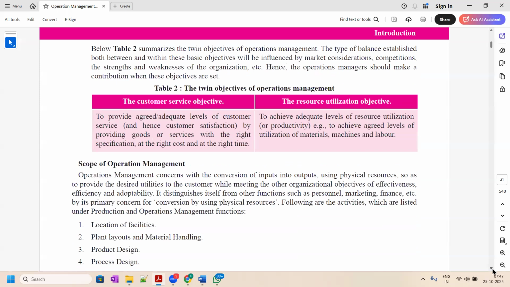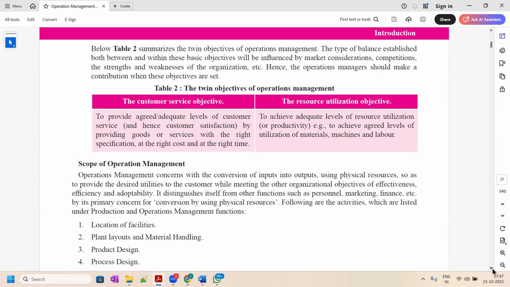Okay, so when we are talking about the customer service objective, the goal is to satisfy the customer by delivering goods or services of the right quality and specification at the right cost at the right time.